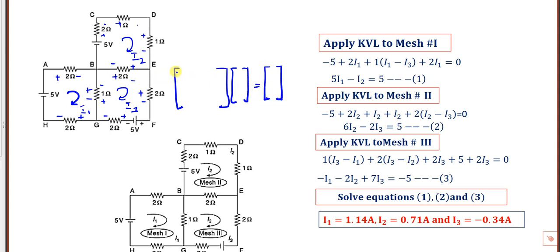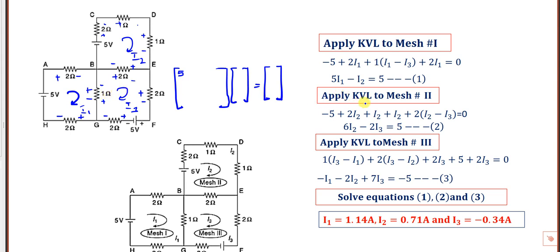Sum of resistance in mesh 1: 2 plus 2 plus 1, it is 5. Common to mesh 1 and mesh 2, there is no resistance common.